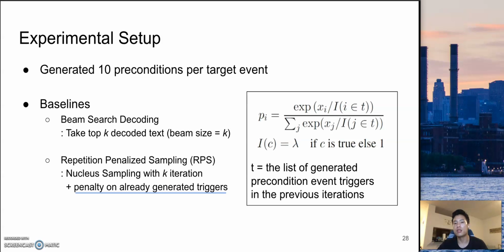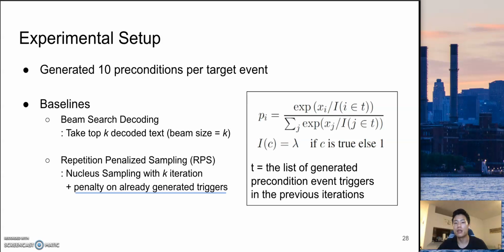We have two baseline models. One is the beam search decoding model, where the beam size is 10. Another is the repetition penalized sampling, or RPS, model. The RPS model generates preconditions based on a sampling method with iteration. Here, the number of iterations is 10.